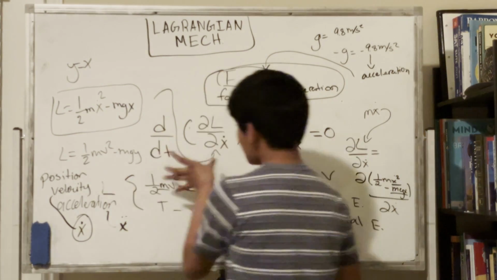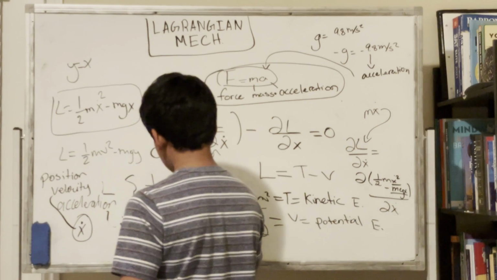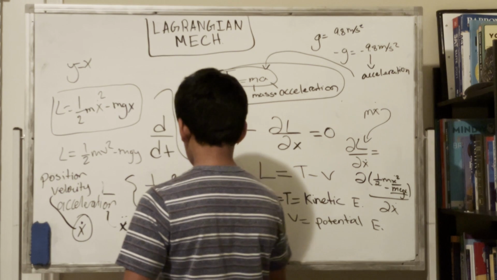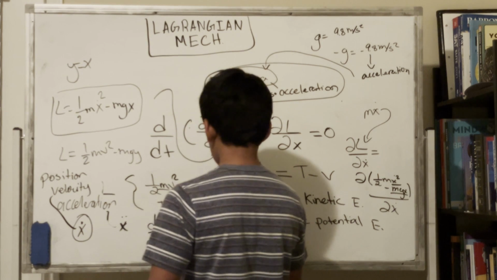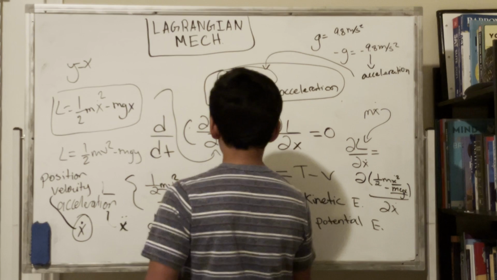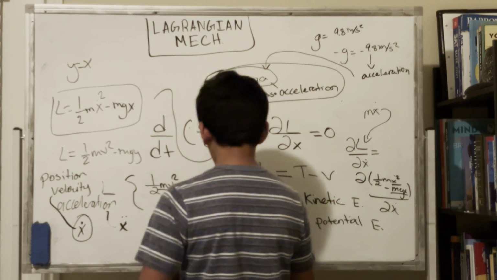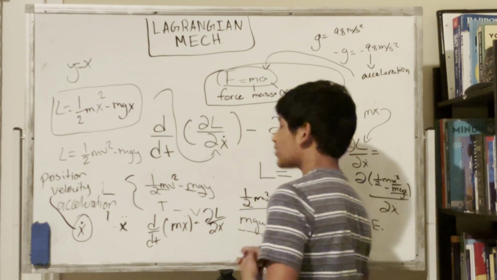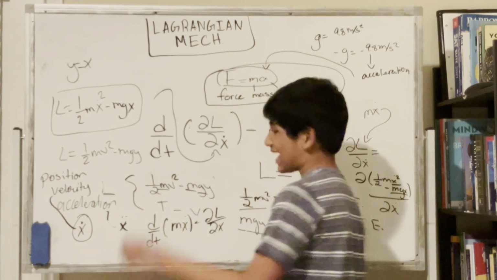Now we can plug this into the equation. The derivative with respect to time of m x dot minus the partial L over partial x. Now notice that it's not x dot we're taking with respect to. We're taking the partial derivative of the Lagrangian with respect to x.